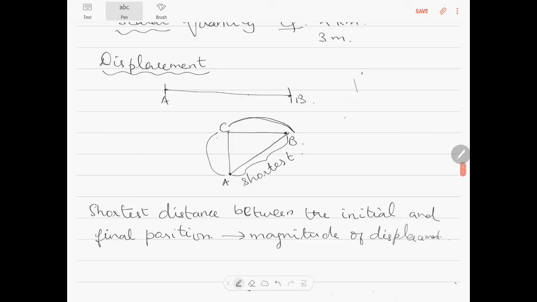And the direction is the direction of the position of the body. So displacement will always be a vector quantity, since it gives both magnitude and direction.